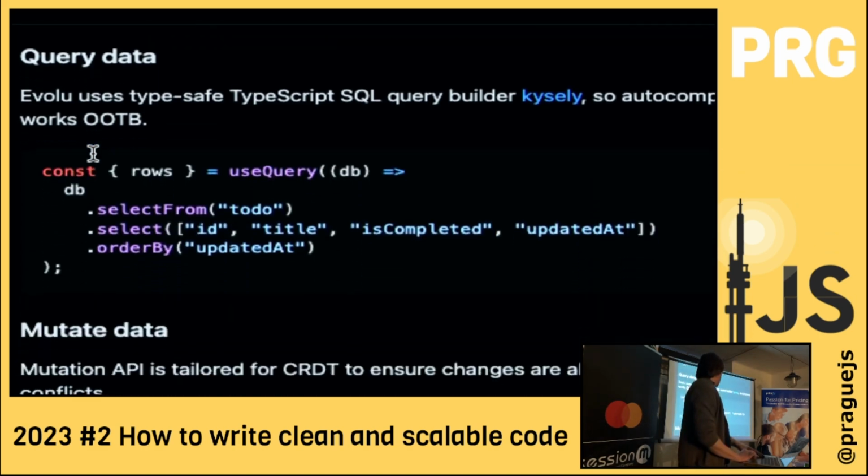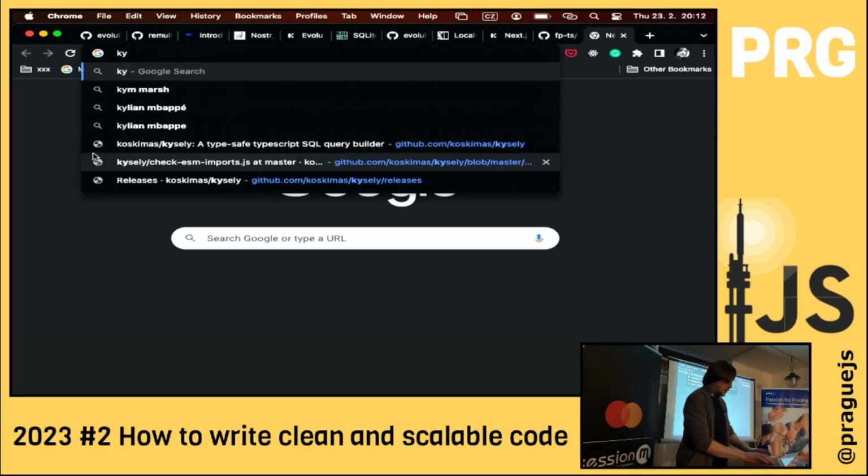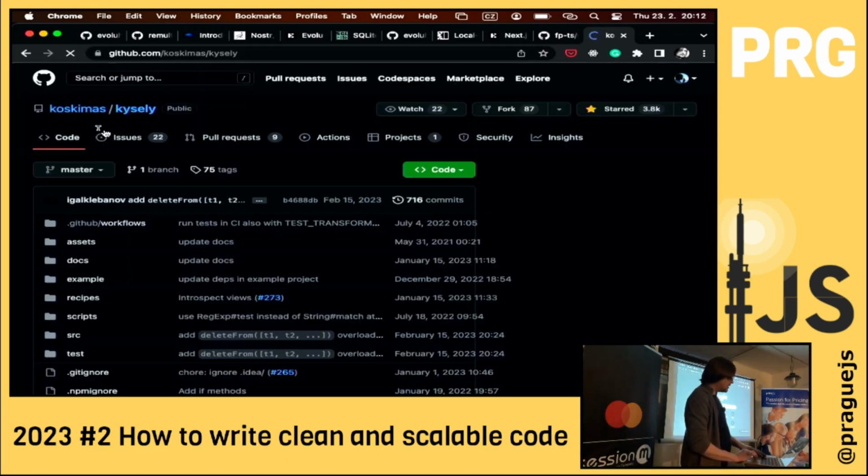And because it's types, you have autocomplete and type checking. This actually is SQL, in a type-checkable form, using Kysely. If you are doing SQL and not using Kysely, you are stealing from yourself.